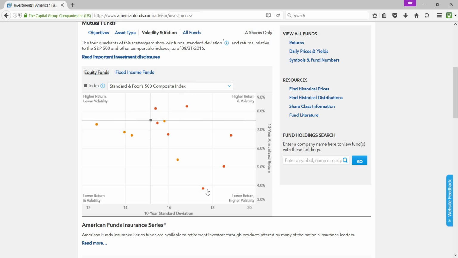This quadrant is a little weird because you are increasing the risk, but your rate of return does not increase by the same amount. Like you can see in this Euro Pacific Growth Fund, the rate of return is 3.85, even though your risk increased to 17.57.